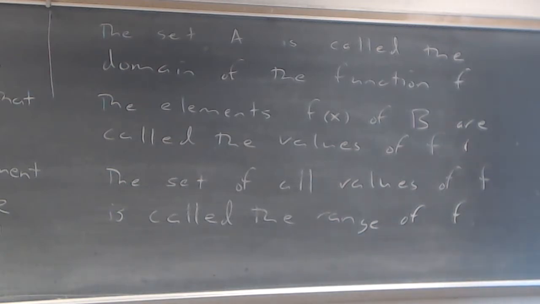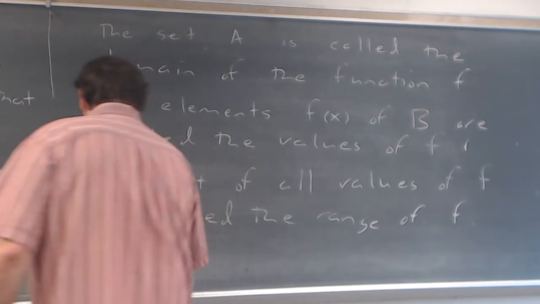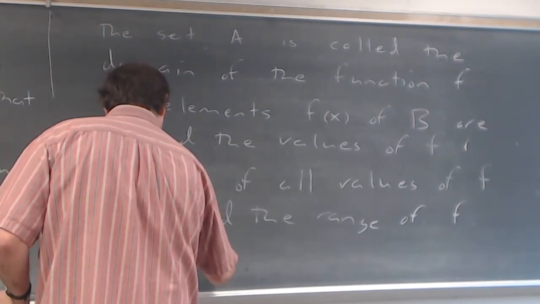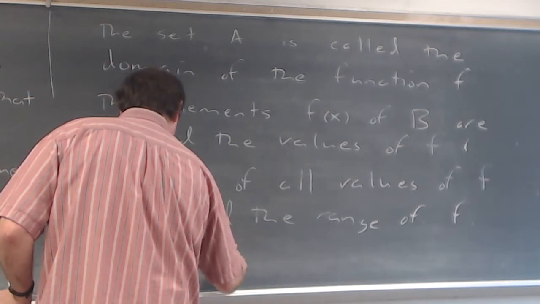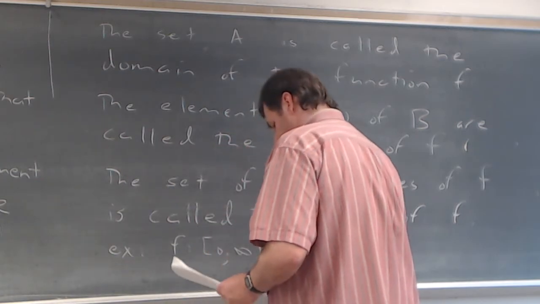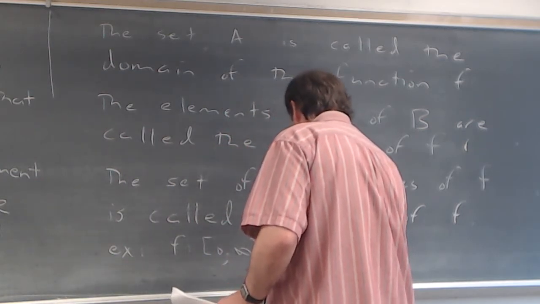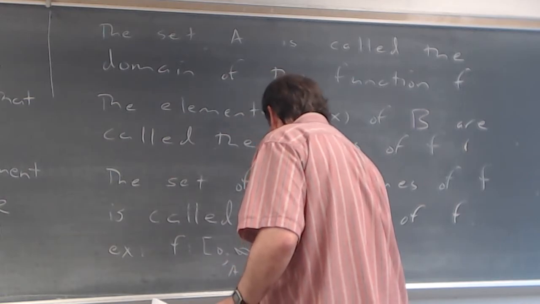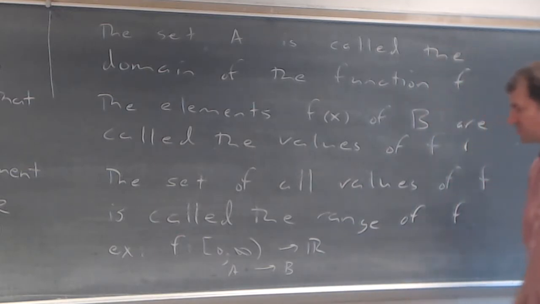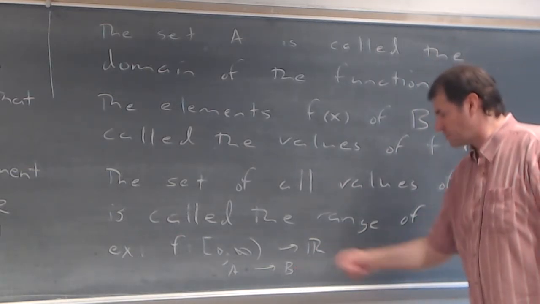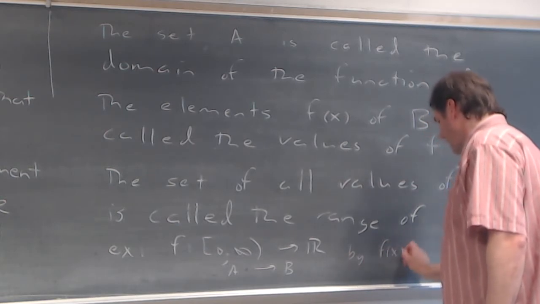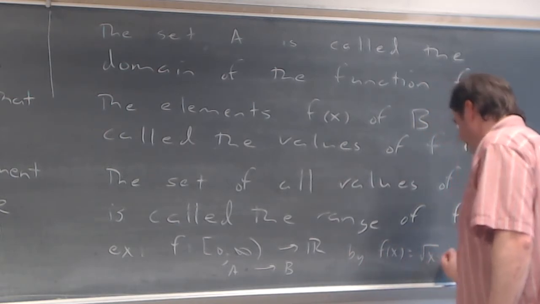And we can look at a couple of examples. So here, we can have F, which will map from 0 to infinity, positive real numbers, not negative real numbers, into R. This is my A goes into B. So A is from 0 to infinity, a subset of real numbers, into B, which is the real numbers, by, we'll define f of x equal to the square root of x.